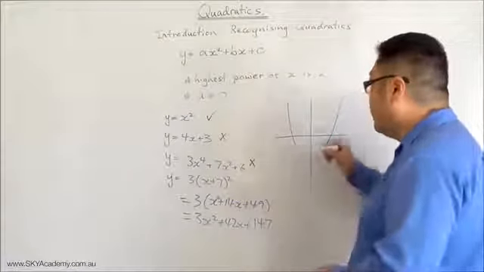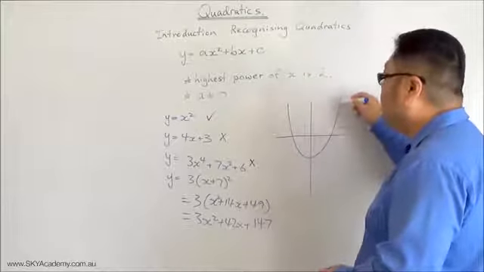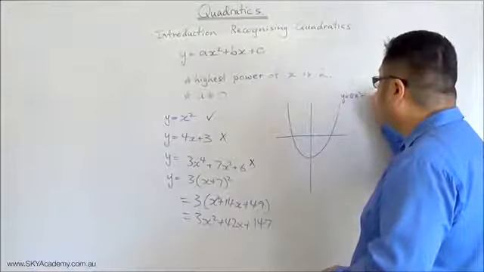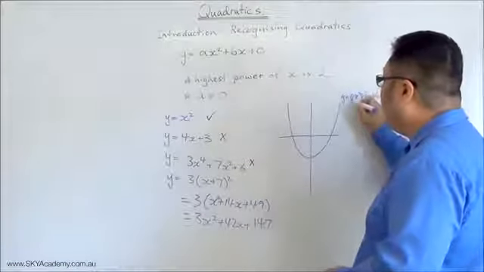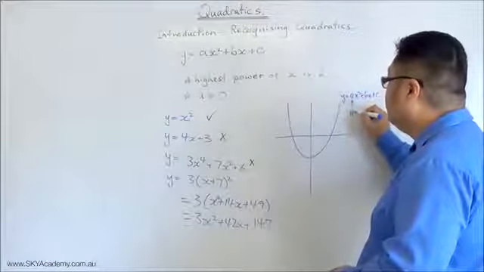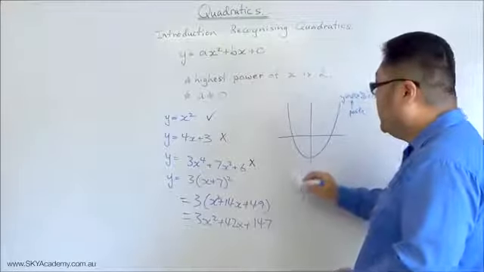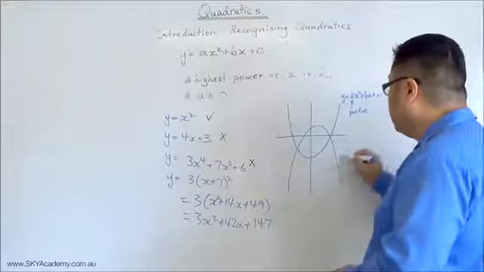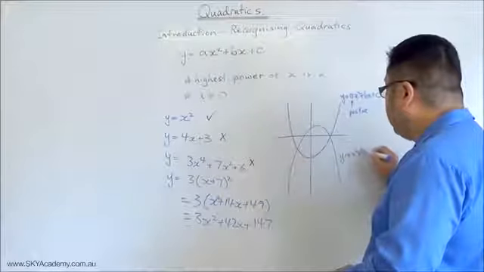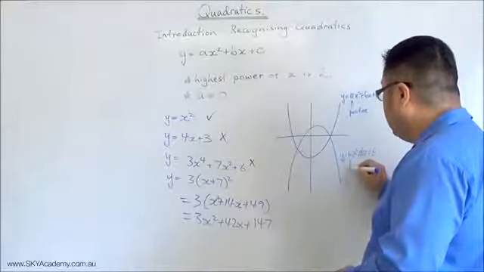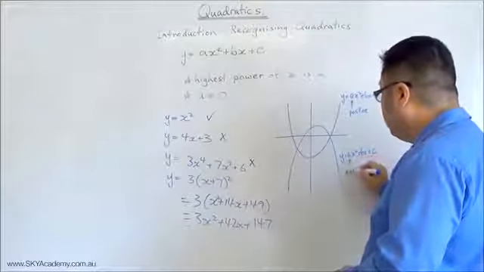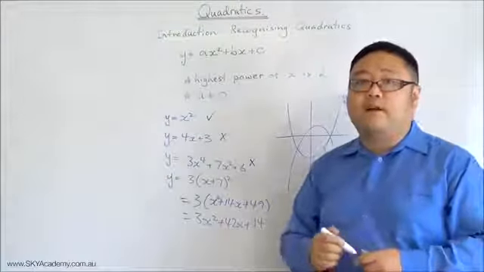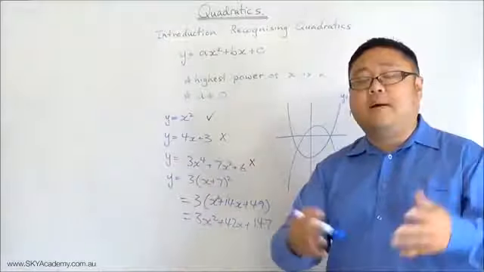It can be the right way up like this, and that'll be the case where y equals ax squared plus bx plus c, where a is positive, and if a is negative, it'll be upside down like this. Y equals ax squared plus bx plus c, where a is negative.